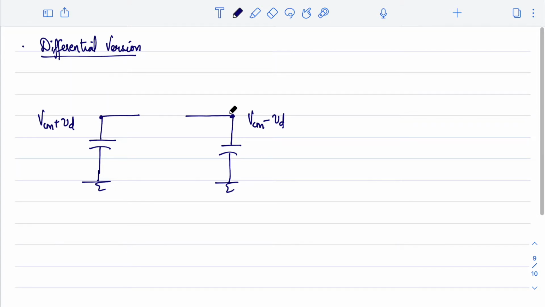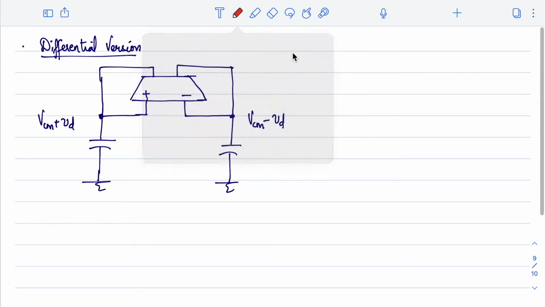Now, since I am looking for a differential circuit, there should be a voltage controlled current source which can push current into this node as well as this node. So how should it be?